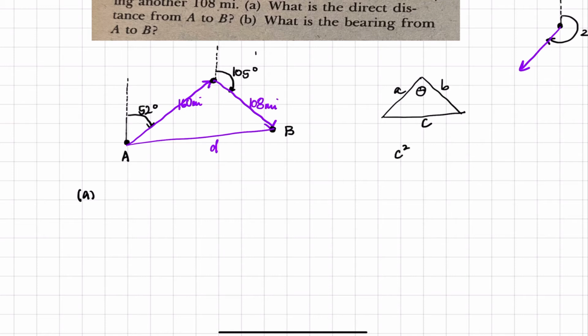C square equal to A square plus B square nung magkatabing side, minus 2AB cosine theta. So, square nito equal siya sa square nito plus square nito minus twice ng product nito times cosine theta. Yan ang tinatawag nating law of cosine.